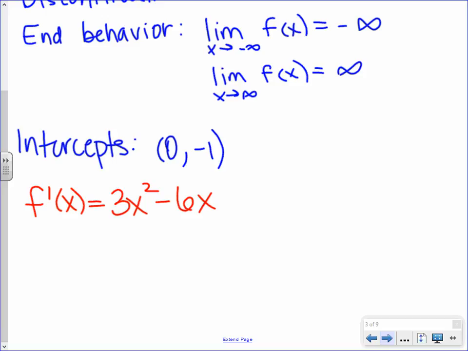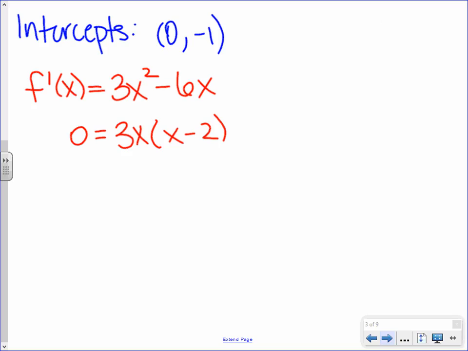So we need our critical points, which means we set this equal to 0 and undefined. Not going to be undefined, so we'll just worry about 0. Is there a GCF in this polynomial? We can take out a 3x, left over is x minus 2. Cole, what are our critical points?